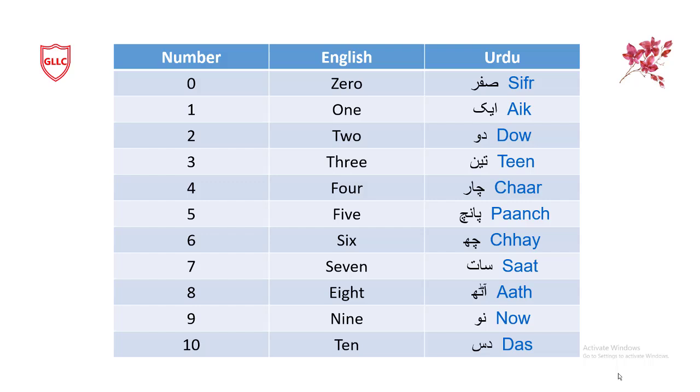Mostly I think all the words are clear, so you can repeat once again by yourself, like this way. Sifr, ek, do, teen, chaar, paanch, chhe, saat, aath, no and das.